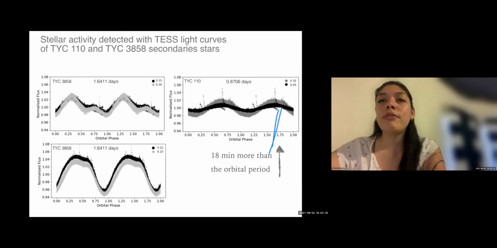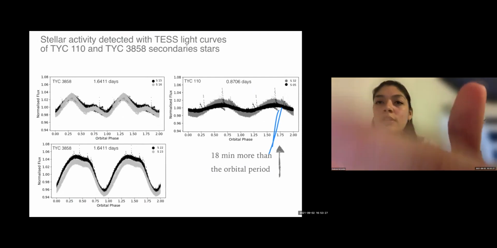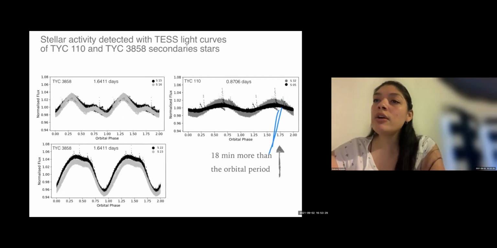One of them has star spots that are changing over the epochs, and the other, and you can see it in these two plots, has long-lived star spots that are migrating over the surface of the secondary star.